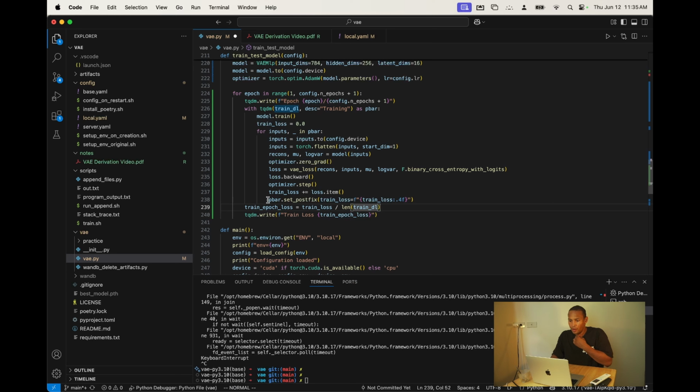Okay, so now we're going to calculate the average loss per batch, which is we're just going to take the accumulated training loss divided by the size of the training data. Let's run that.